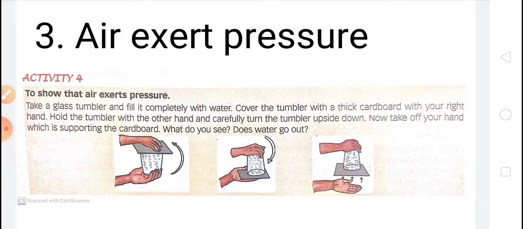in our previous video we studied about the different layers of the atmosphere. Okay, so the first lowermost layer of the atmosphere or air is the troposphere, and in the troposphere the air is very dense, and therefore air exerts more pressure near the earth's surface. Okay, because air is very much dense over there, and that is why it exerts more pressure.